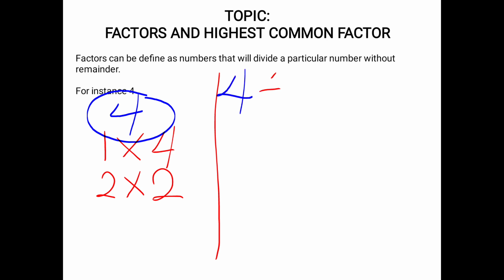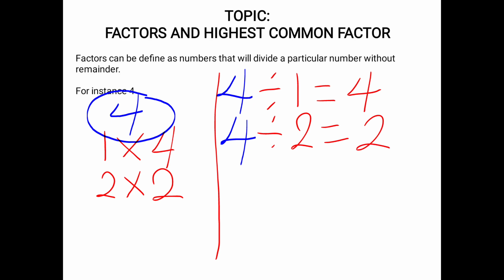As such, you will agree with me that our 4 here can be divided by 1 to give us 4. It can also be divided by 2 to give us 2, right? And it can also be divided by 4 to give us 1, right?